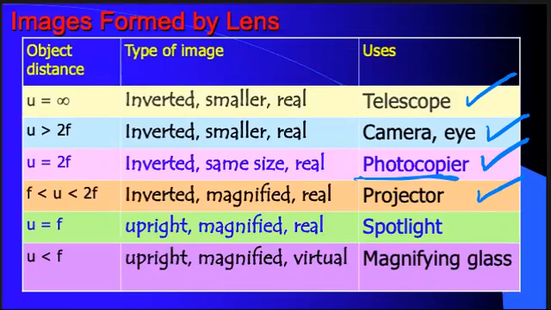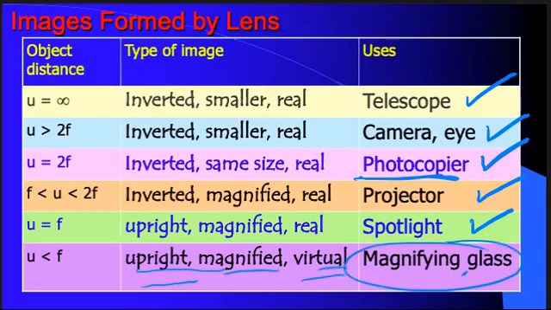If the object is at F, so no image is formed. Therefore, a good example of that is spotlight. If the object is found between F and the lens, therefore it is magnified, upright, and virtual. So it's a magnifying glass. Okay, that's a convex lens.